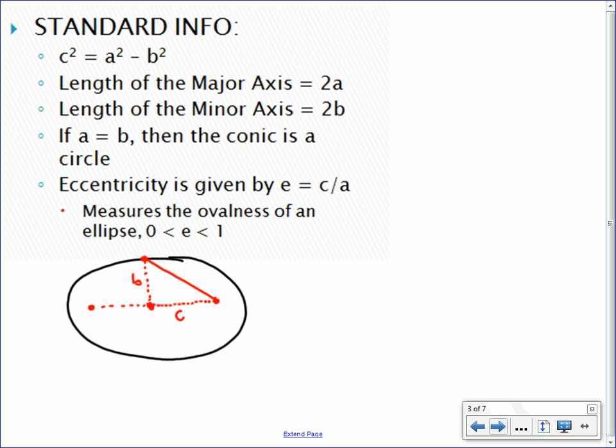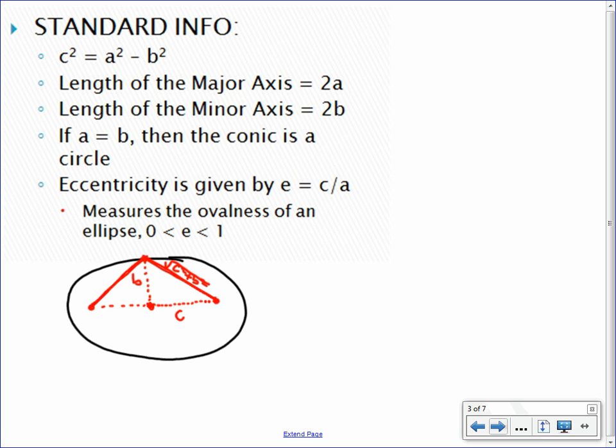It's a right triangle. It's the square root of b squared plus c squared. What's this distance? Same. The same thing, right?